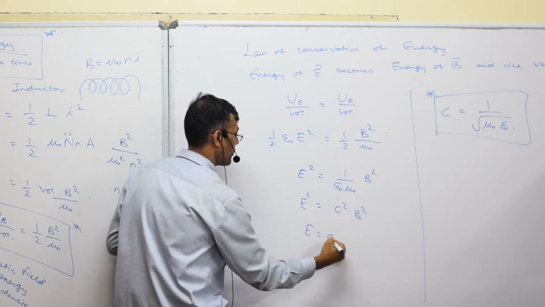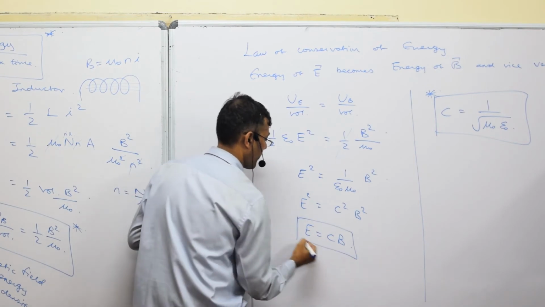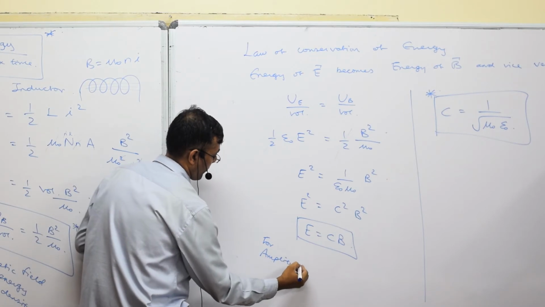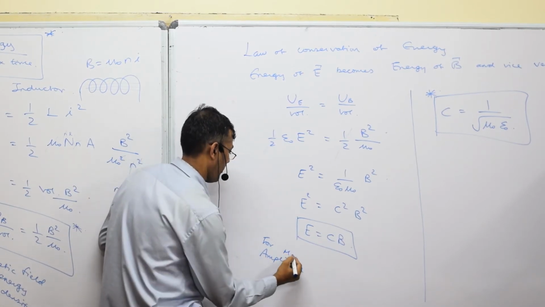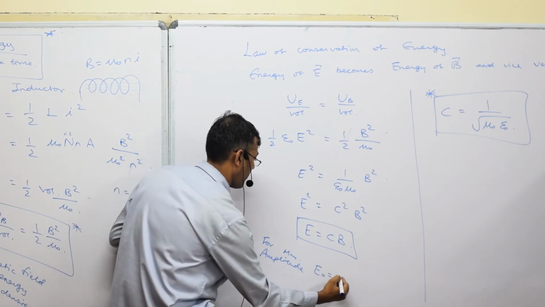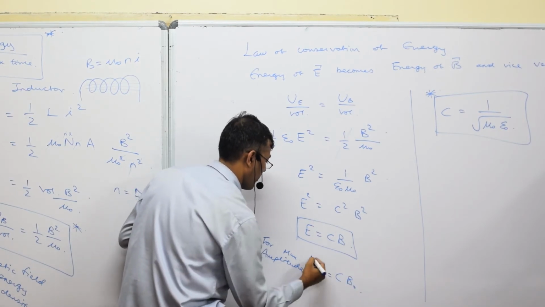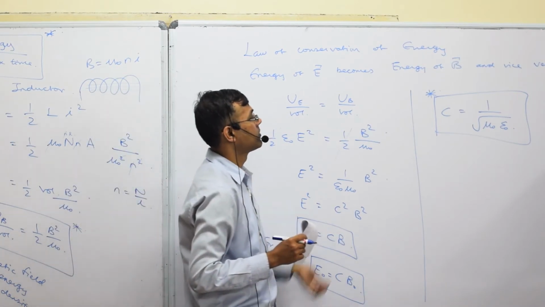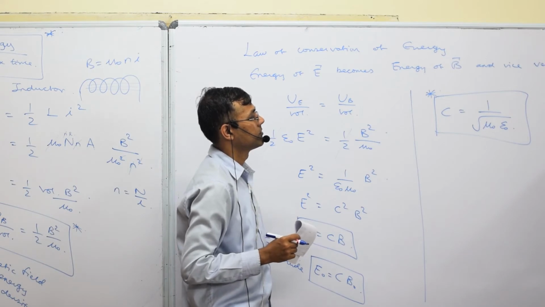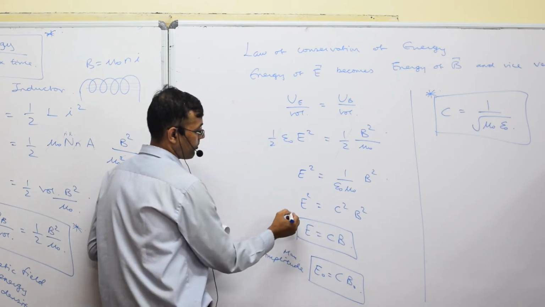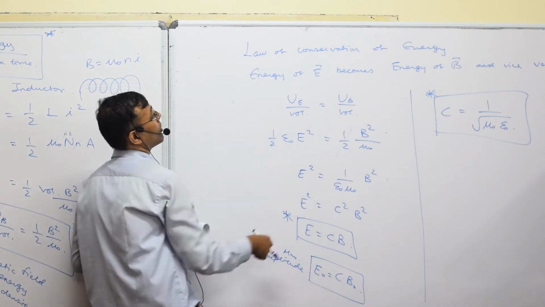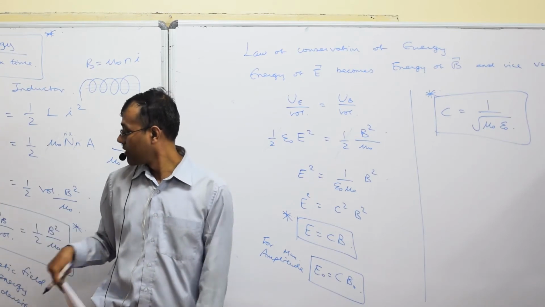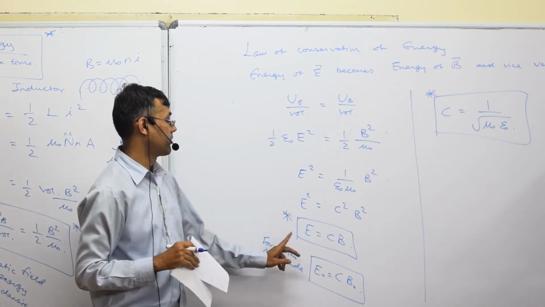That means it becomes E is equal to C B. Okay, so this is an important derivation. All these derivations are not given in your book, but all these equations are given. So you have to remember all these equations.